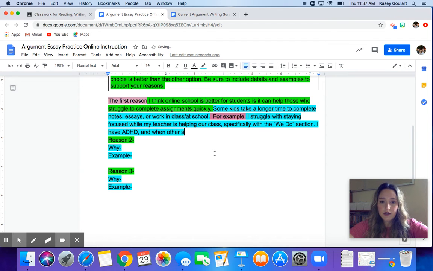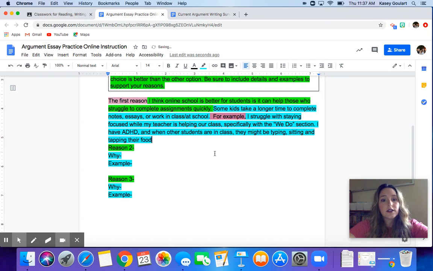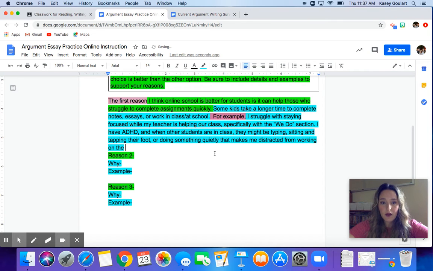And when other students are in class, they might be typing, sitting and tapping their foot, or doing something quietly that makes me distracted from working on the topic Miss Goulart is reviewing.